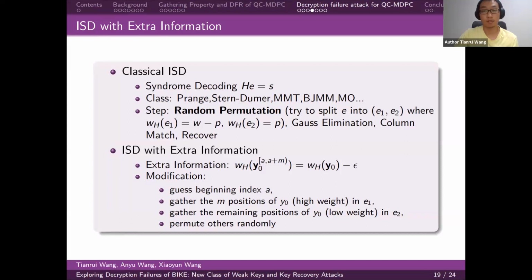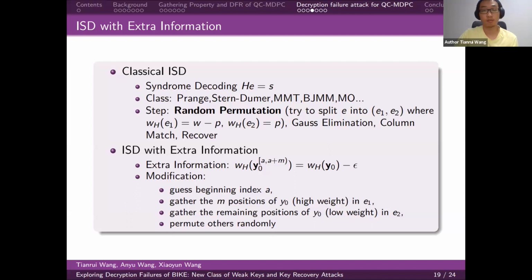The random permutation tries to split the error E into 2 parts, E1 and E2, with similar lengths, where weight E1 is W minus P, and weight E2 is P. P is a very small parameter causing E1 to host the majority of ones. The remaining steps are not changed.